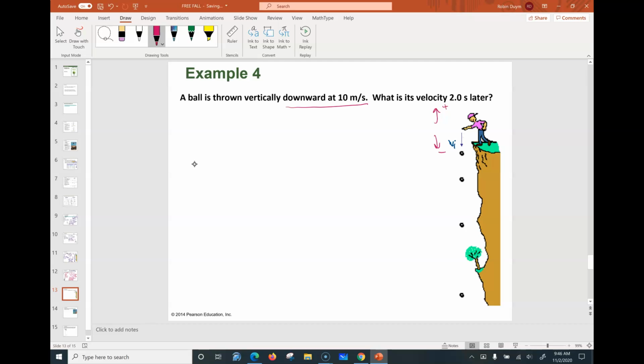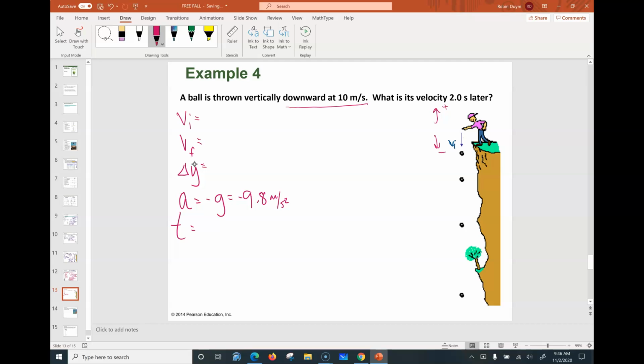So we define our up and down, and then we get initial velocity, final velocity, displacement, acceleration is always negative little g, negative 9.8 meters per second squared, and time. Okay.